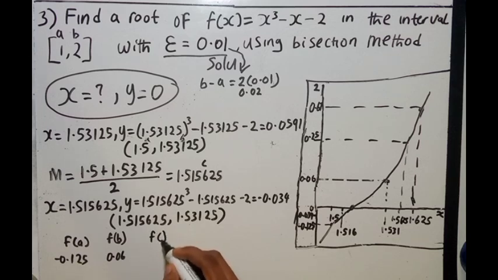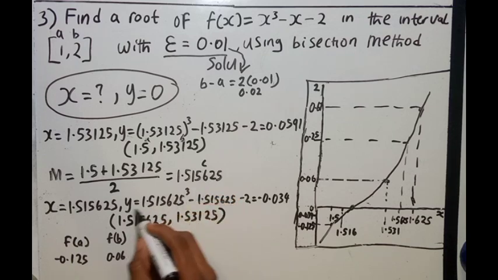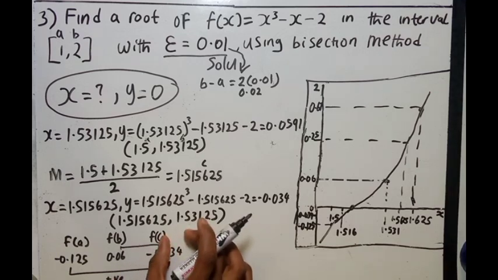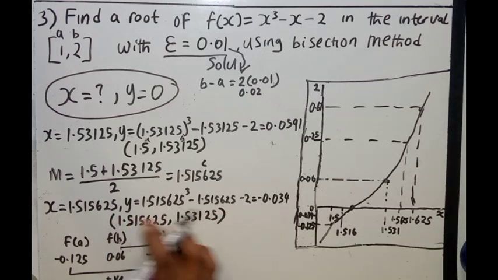Now f of c, which is what we just did, we got minus 0.034. If these two multiply, they will definitely give you a positive value. That means we won't be using them. But if these two multiply, they'll be giving us a negative value. That is the reason why we're going to be using c and b as our new interval.